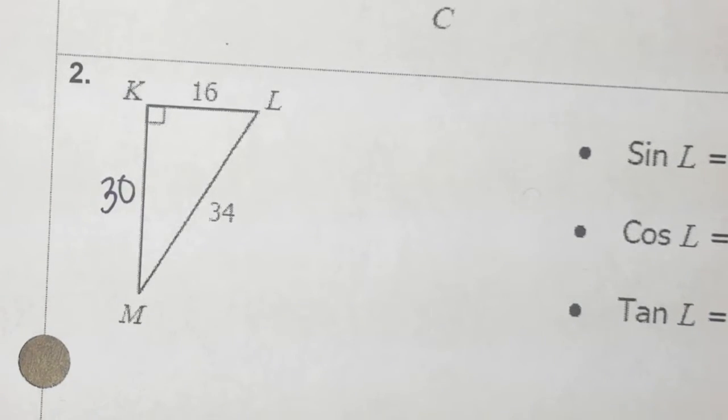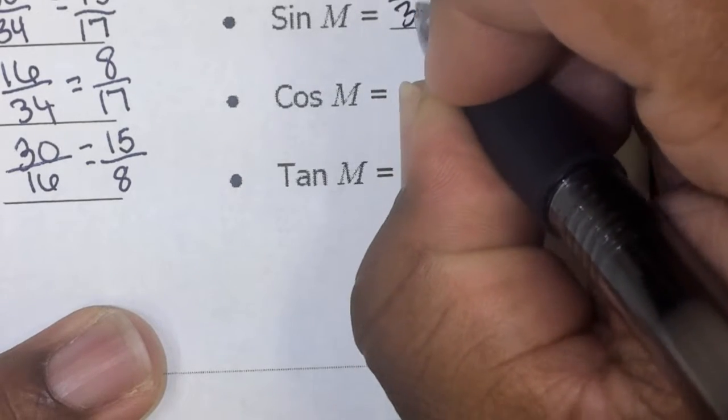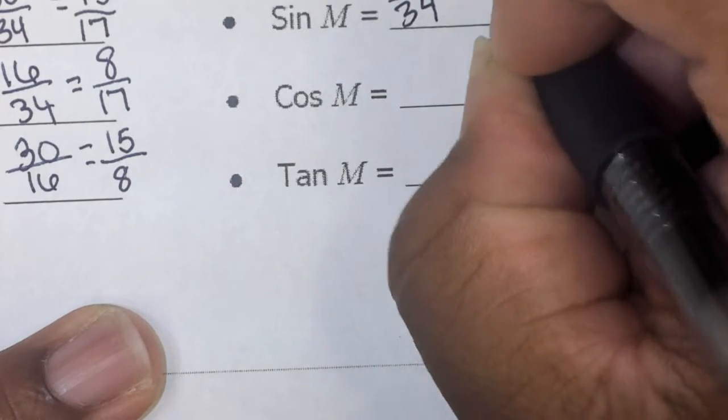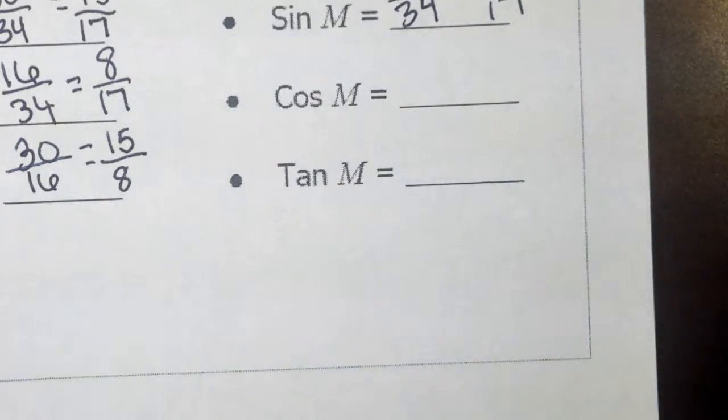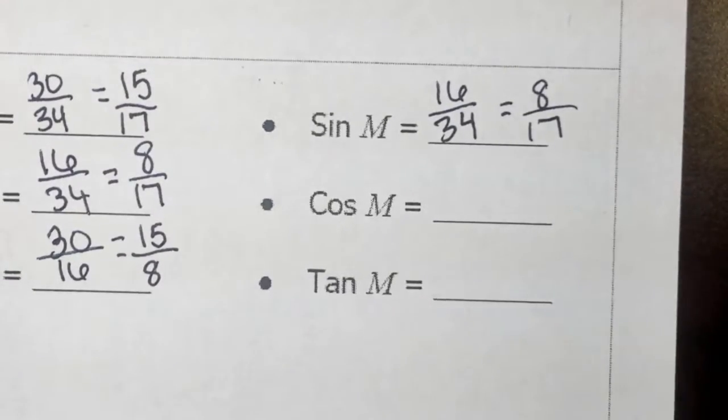Sine of m, angle m, 16 over 34. You reduced that already? 8 over 17. Cosine. Oh, my bad. Cosine of angle m. You need to move out of the way. People about to come over there.